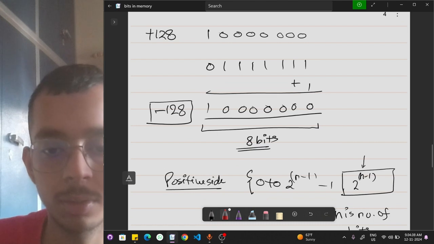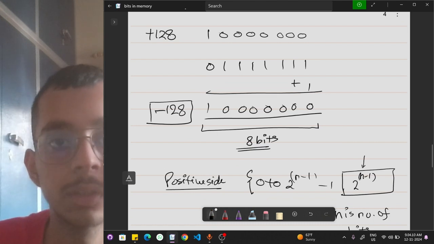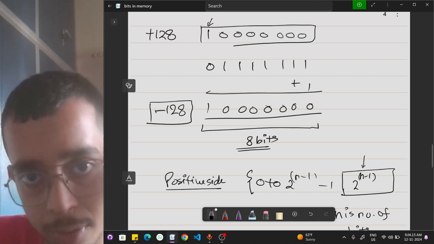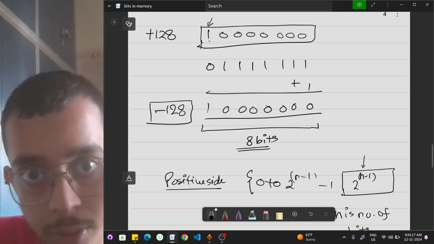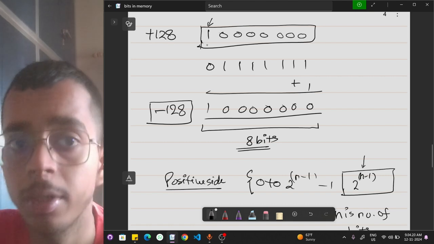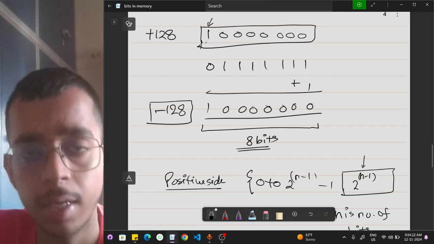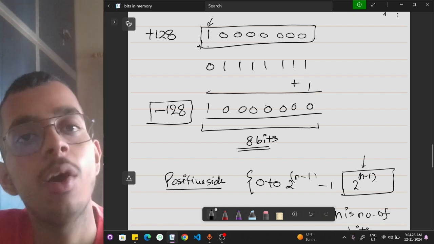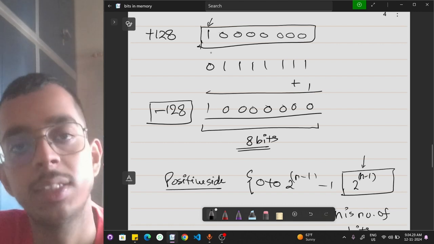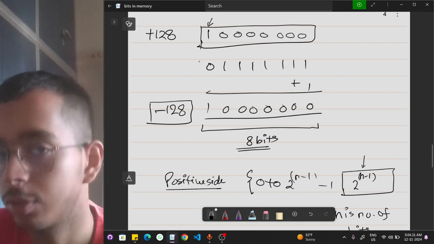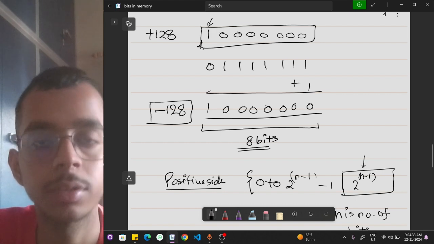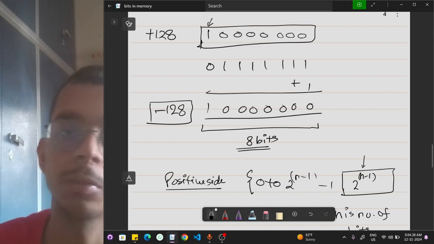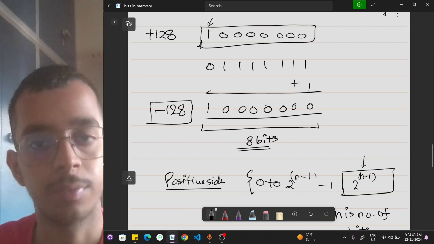Now, if you see plus 128, in this 8-bit representation the first bit is 1, so the number should be negative. That's why plus 128 is not included on the positive side of the 8-bit sequence. It would be included if you take some bigger data type, but not in an 8-bit sequence.